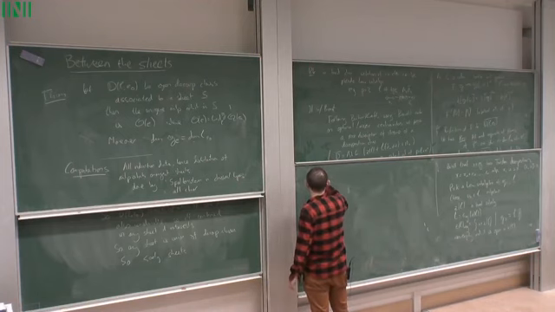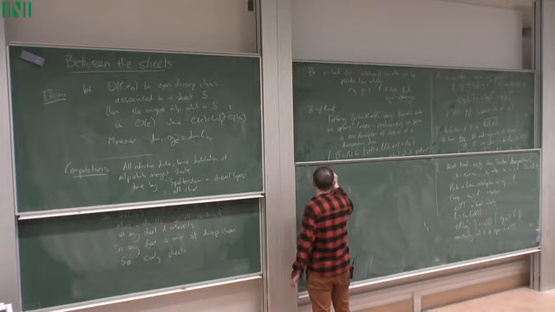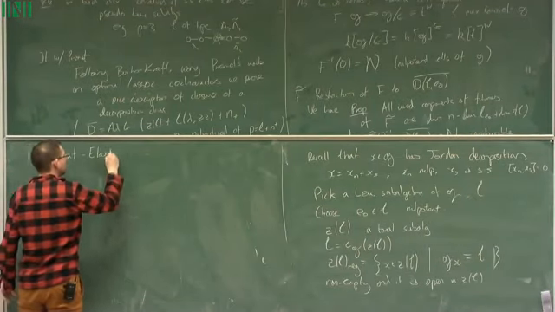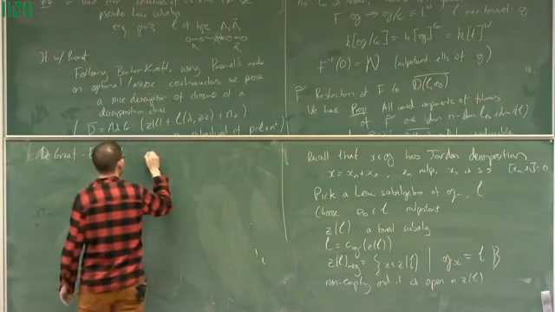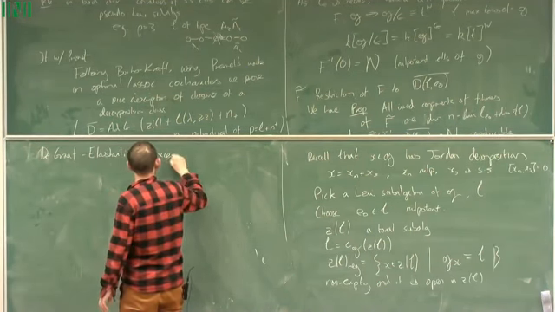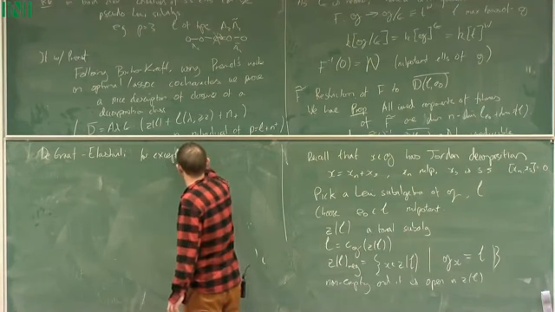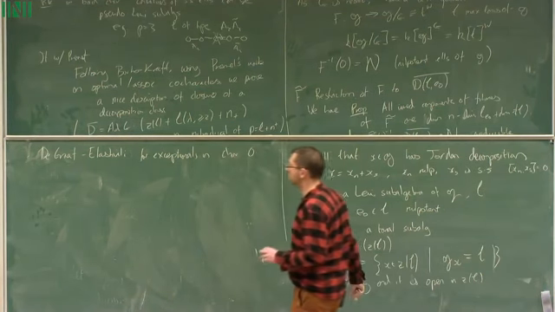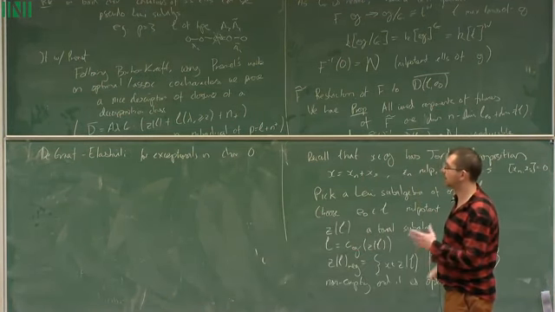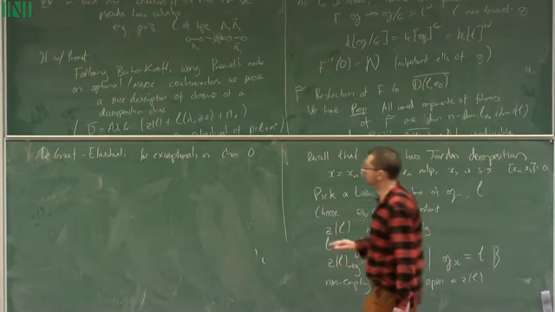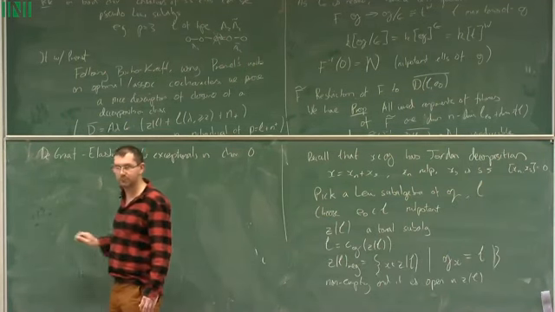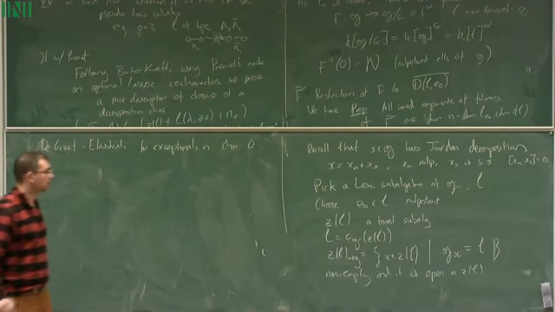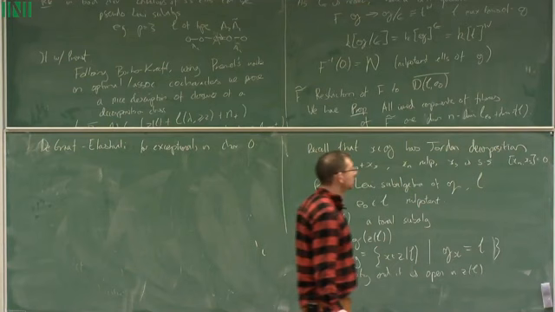But let me just write these two authors down: de Graaf and Elashvili, for exceptionals in characteristic 0. This had been previously done by Elashvili by hand, but with de Graaf it was all checked by computer. And I might just say roughly how the calculation goes.